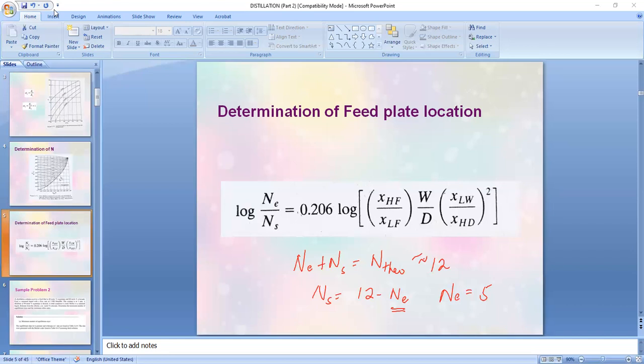7. Some more answers? What's the feed plate location? What do you think would be our feed plate location?